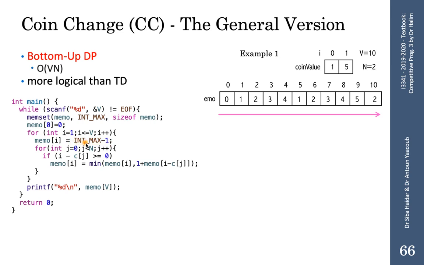But we will not initialize it to INT_MAX, because here we are going to add a 1, so, to not overflow, this is one of the solutions, we can put it here.